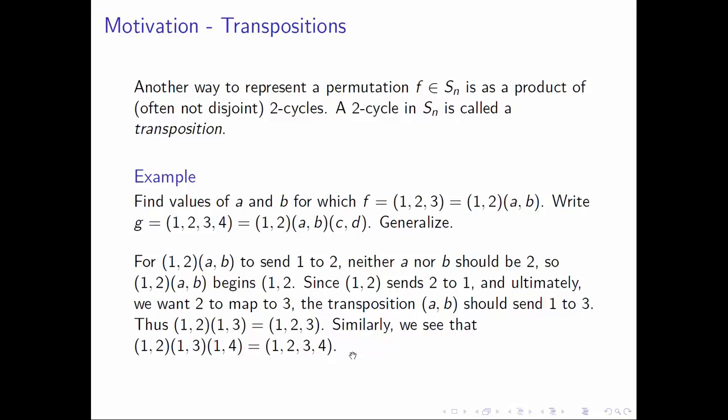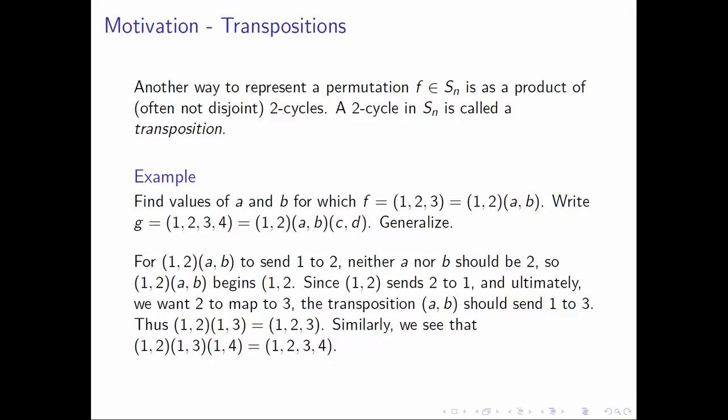So the easiest way to ensure that happens is to have neither A nor B mention the number 2. And when that's done, 1 will go to 2, 2 won't be mentioned in (A B), and we can begin writing (1 2)(A B) in disjoint cycle form as (1 2.